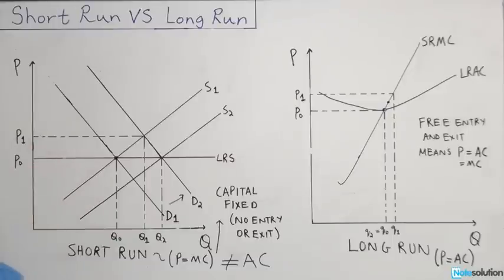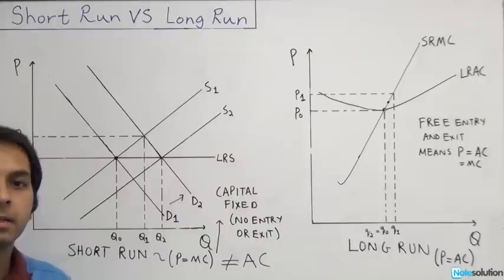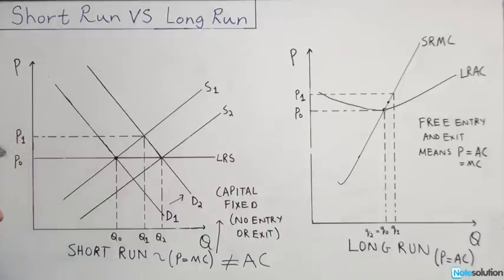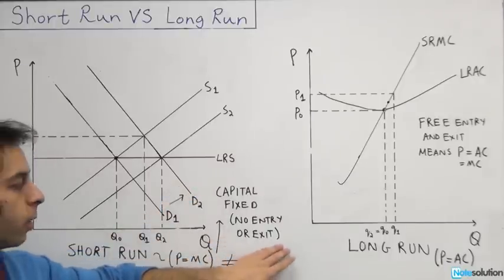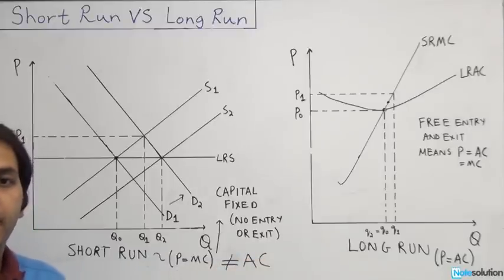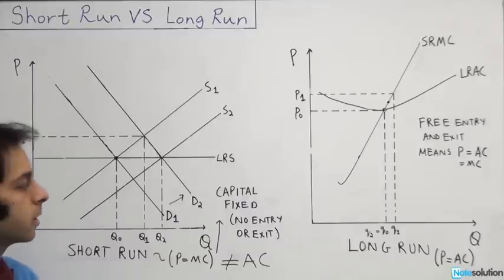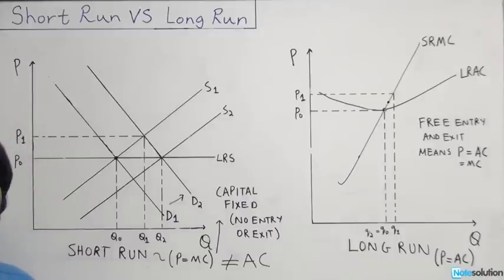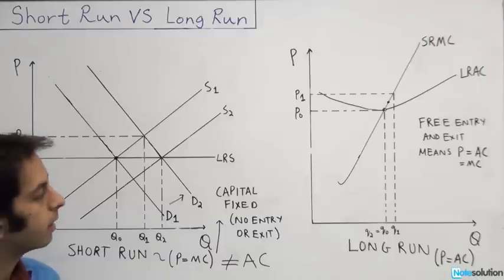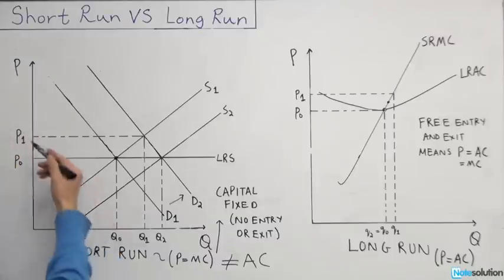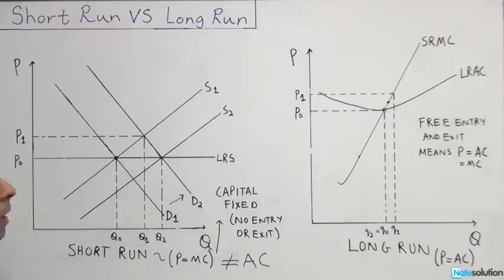Now if your marginal cost is the same as it was before, that means now your price is greater than the marginal cost. So in the short run, where capital is fixed and there's no entry or exit, you could definitely be having economic profits, just because the price that you're getting in the market is greater than the cost of producing the additional units. And so at this higher price, you would in fact be making profits.